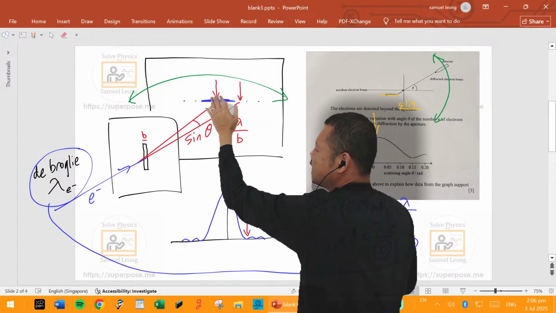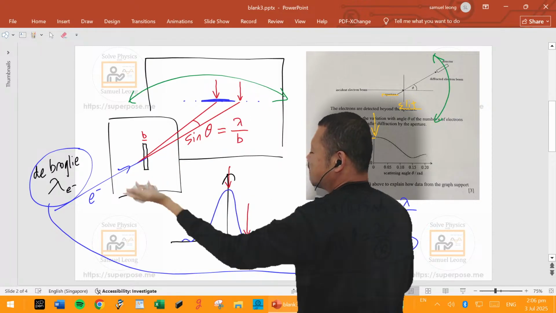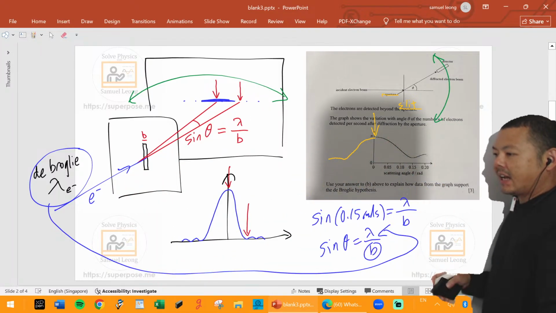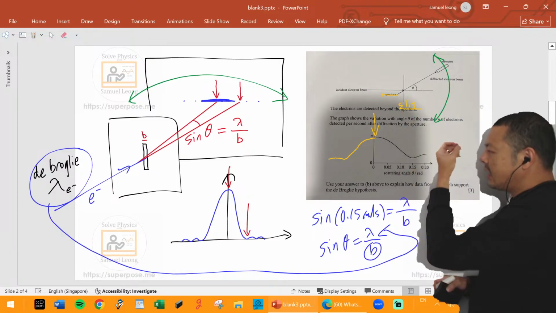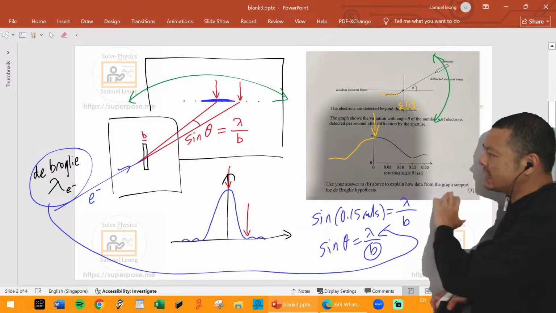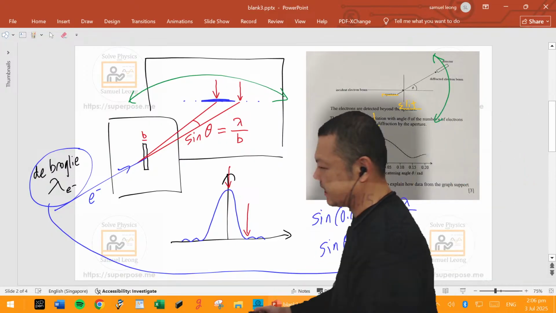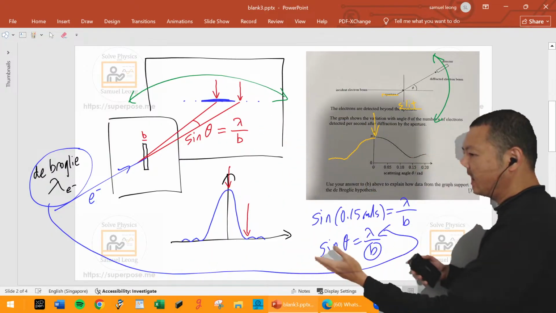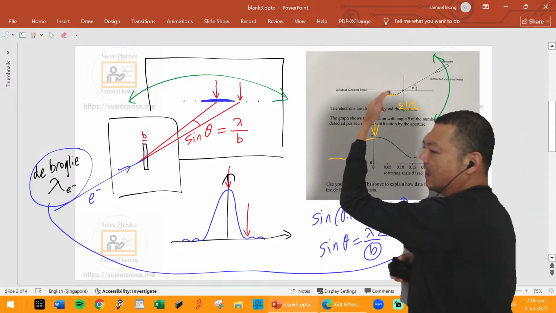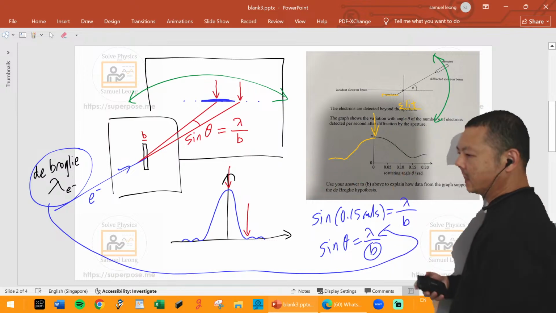There's the principle of superposition. So this electron beam is behaving like a wave. It's doing diffraction. It has a similar angle to the graph given and all that. That's the point of this question. If anything, the only thing that changed was that instead of using the aperture, I changed it to a single slit. So again, this question is now relevant to you.